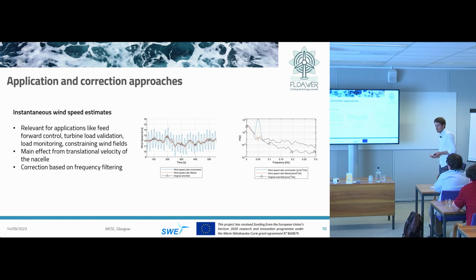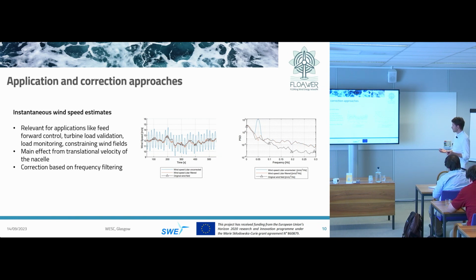Time series lidar measurements are mainly used for feed-forward control, of course, turbine load validation studies, load monitoring maybe, and also for studies where you constrain wind fields on actual measurements and use these constrained wind fields again for load validation studies, for example.